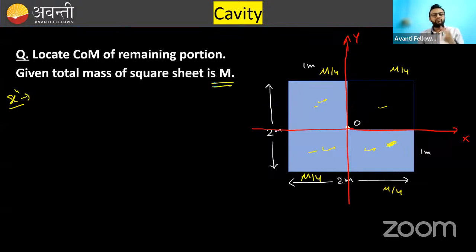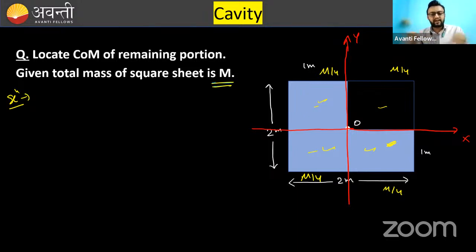Now what we are going to do is put two masses in this empty portion. One is positive m by 4, another is negative m by 4. As soon as I put positive m by 4 in this cavity, it will complete the square sheet.